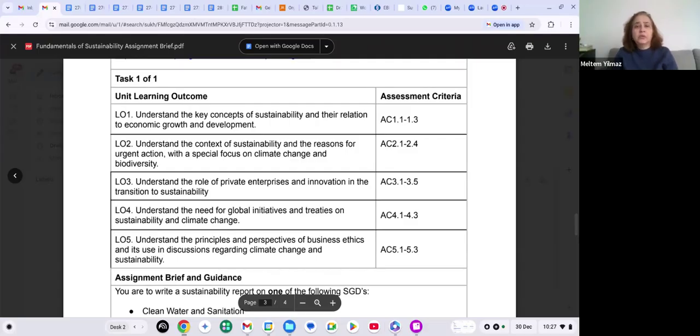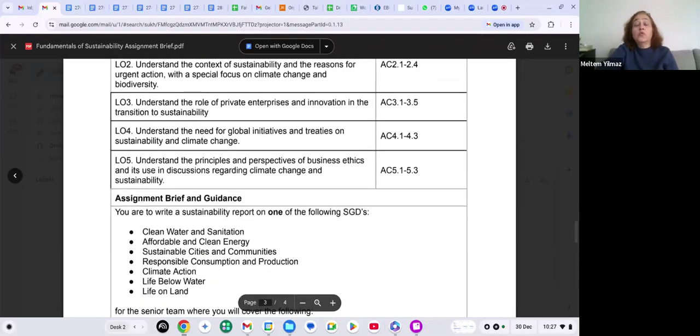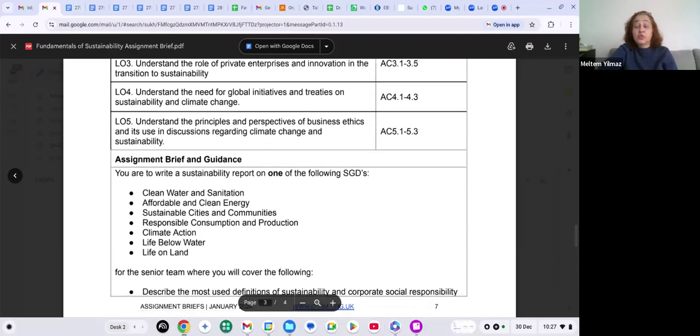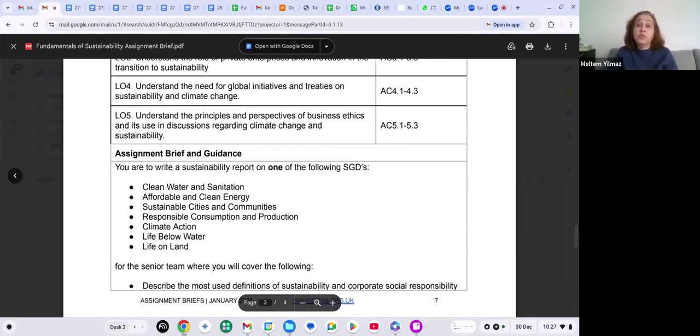And with the learning outcomes, it is also to integrate the sustainable development goals, which have been chosen as clean water and sanitation, affordable and clean energy, sustainable cities and communities, responsible consumption and production, climate action, life below water, and life on land.